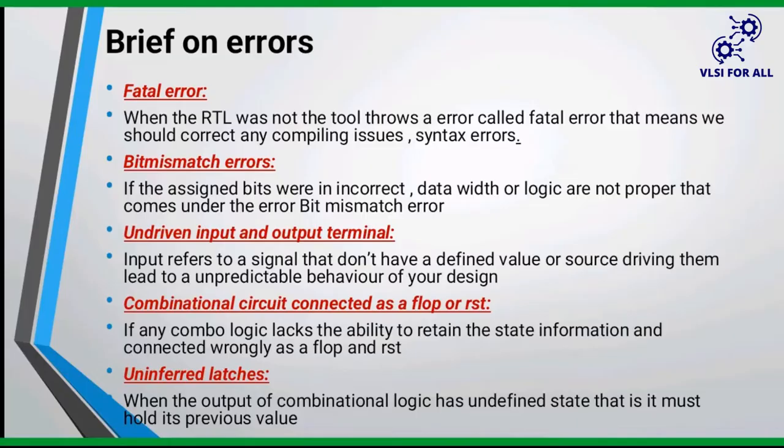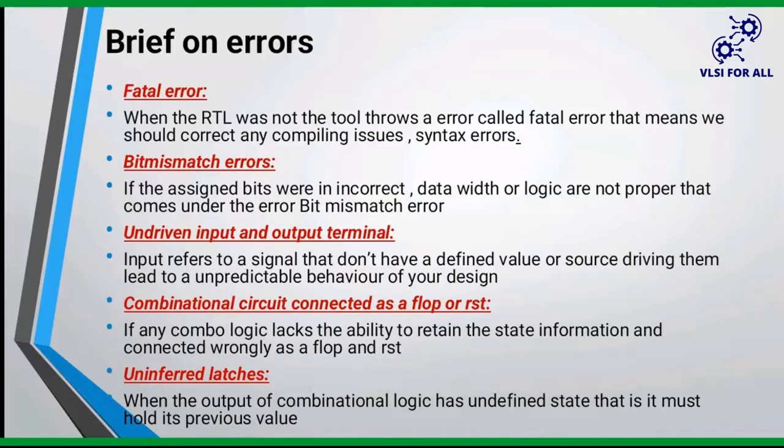And the next one is combinational circuit connected as a flop or a reset. See, we'll be having combinational circuits and sequential circuits, everything in a design. We'll be having cells, macros, TF cells, library cells, everything in a design, right? So if we have combo logic that lacks the ability to retain its state or information, the combo logic should be a constant.